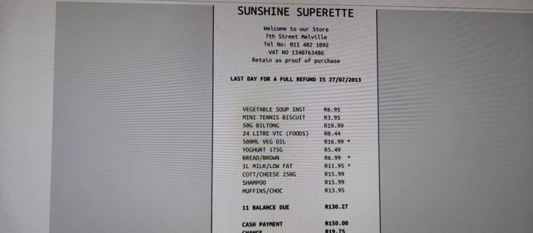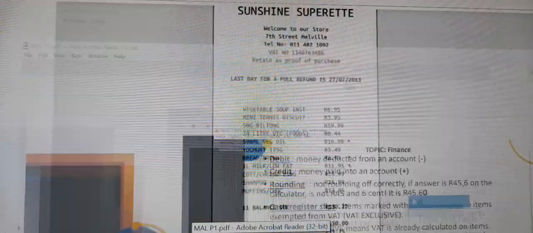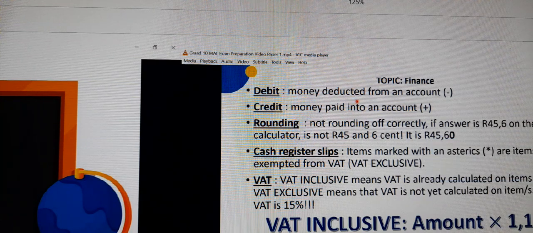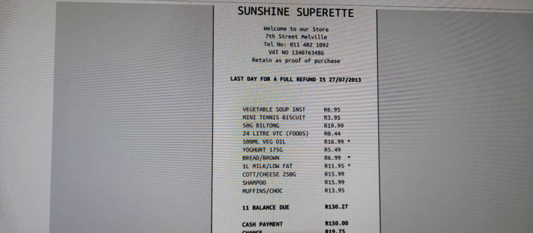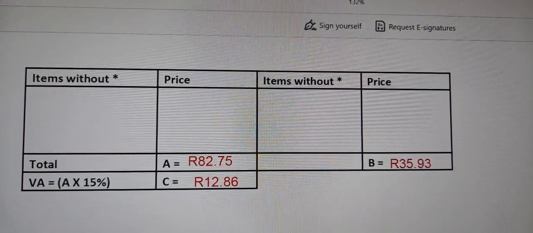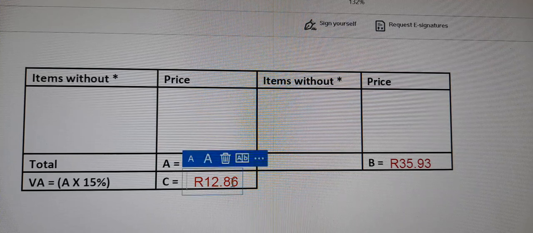So which means in our table, we will adjust our table. I just want the table we were working with. Okay, just hold on. So instead of multiplying by 15% here, we'll multiply by 14%. Okay, let us just change this.